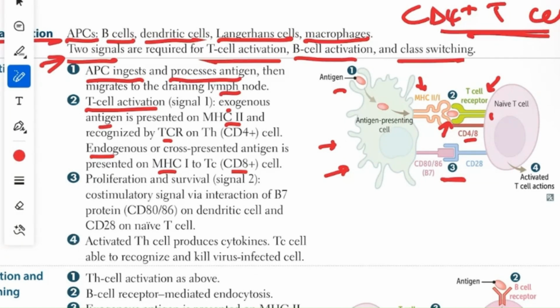So the second signal, which is a co-stimulatory signal, occurs via the interaction between B7, CD80 CD86, okay, and CD28 on a naive T cell. So that is the second signal. Once those two happen at the same time, they must happen together at the same time, then your T cell becomes activated. And then the activated T cell will produce cytokines.